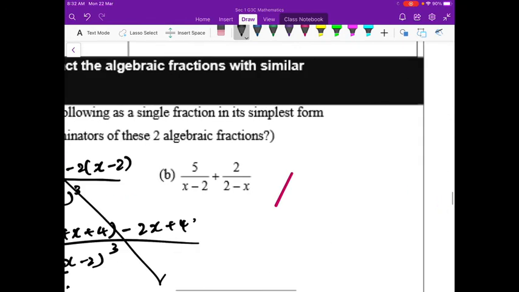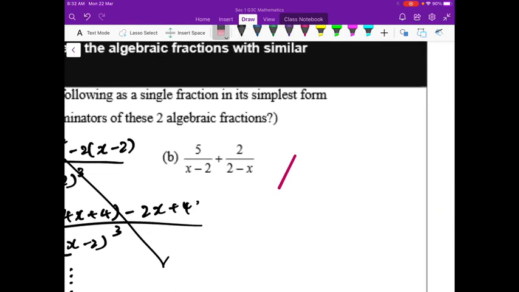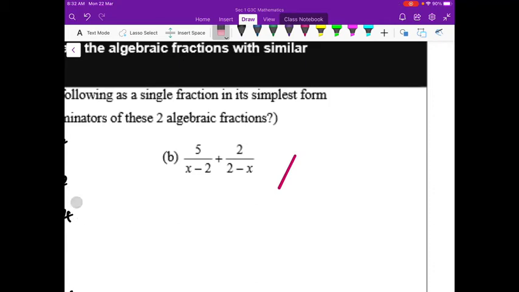Okay, the next one was also covered in the video. Now look at the denominators again: x minus 2 as well as 2 minus x. In this case, you don't see a common factor, so you might be tempted to just multiply the denominators together to end up with x minus 2 times 2 minus x.